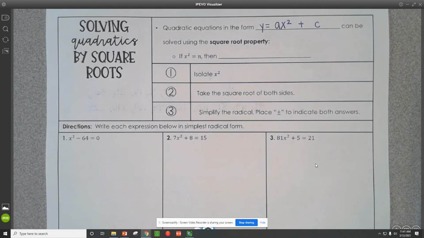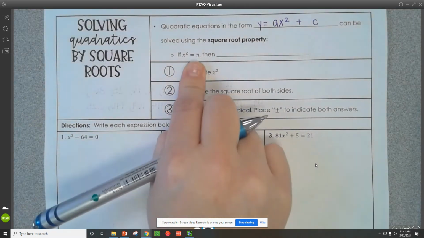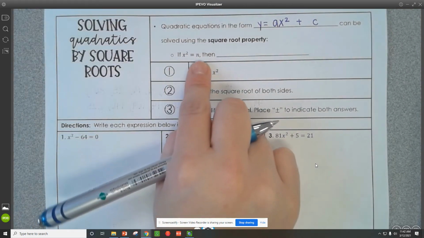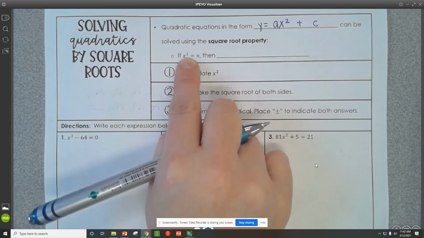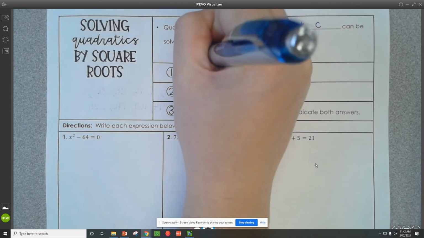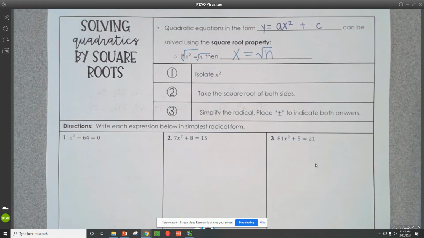And so what we do is we solve for x. So just like a two-step equation, you just solve, but at the end you're going to have an x squared equals some number. Instead of just x equals 2, it might say x squared equals 2. We still have to get rid of the squared by taking the square root. So x is the square root of n.